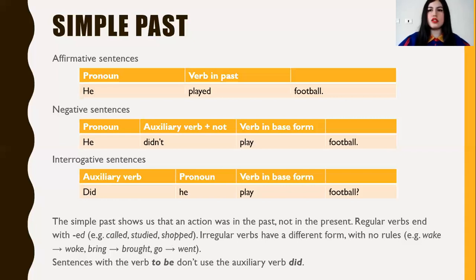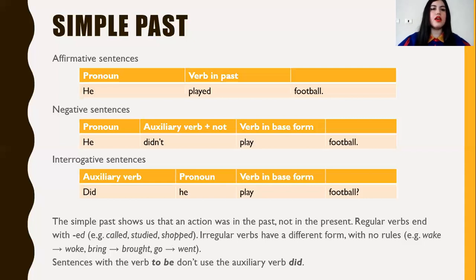I wasn't in the school. So you're going to have to change the auxiliary verb. We're not going to use the auxiliary verb did, and we're going to use the past form of the verb to be. Okay, and plus not for the negative sentences. That's the only verb that is not going to use the auxiliary verb did.